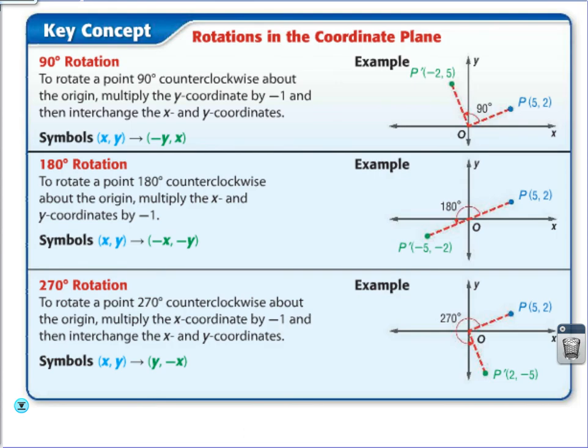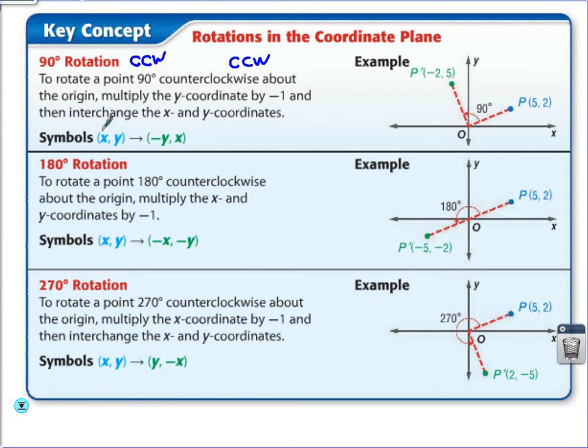Here are your rules for rotations. And notice that each of these rotations is in a counterclockwise direction, CCW. And we'll talk about it here in a second. Well, how in the world do you go in a clockwise direction? Here are your rules. A 90-degree rotation, and again, you might want to put CCW, counterclockwise.